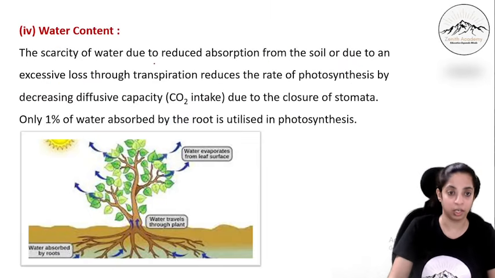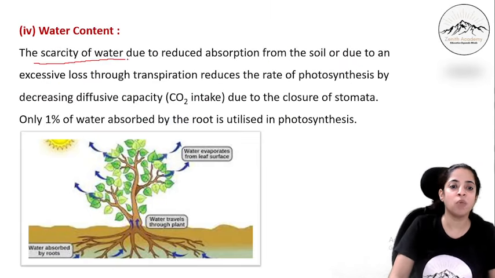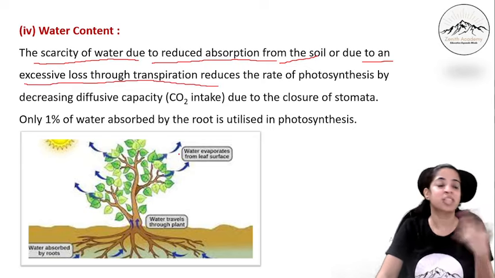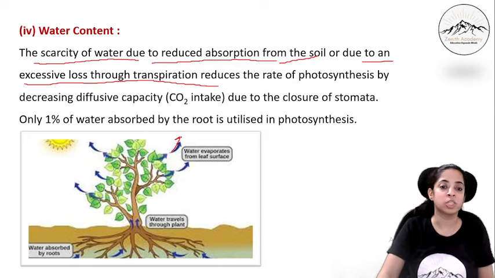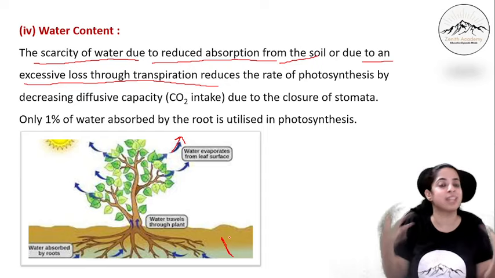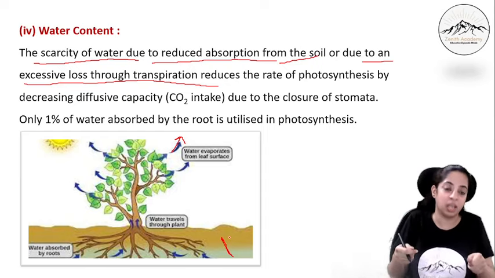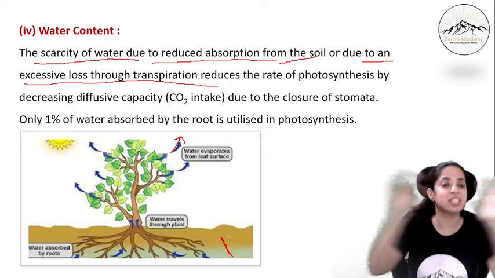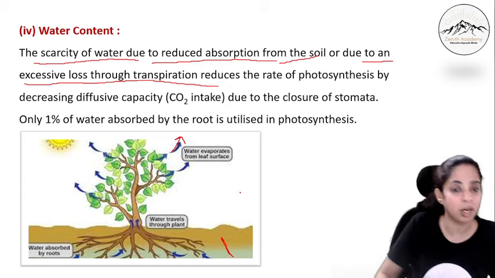Now the water content. The scarcity of water due to reduced absorption from the soil or due to an excessive loss through transpiration. So how does a plant have a scarcity of water? Either the transpiration is more or the absorption from the soil through the roots is less. अगर उसने absorb ही कम किया है या फिर उसने transpiration ज़्यादा किया है, then there is a scarcity of water inside the plant body.